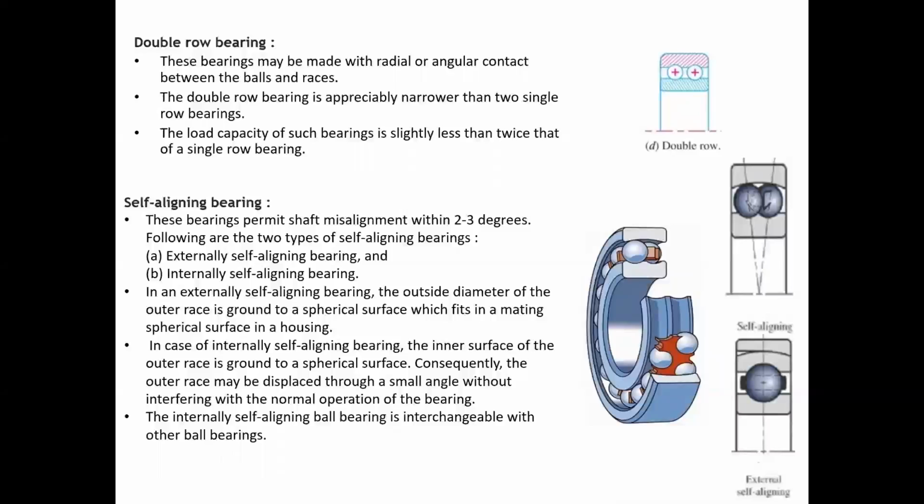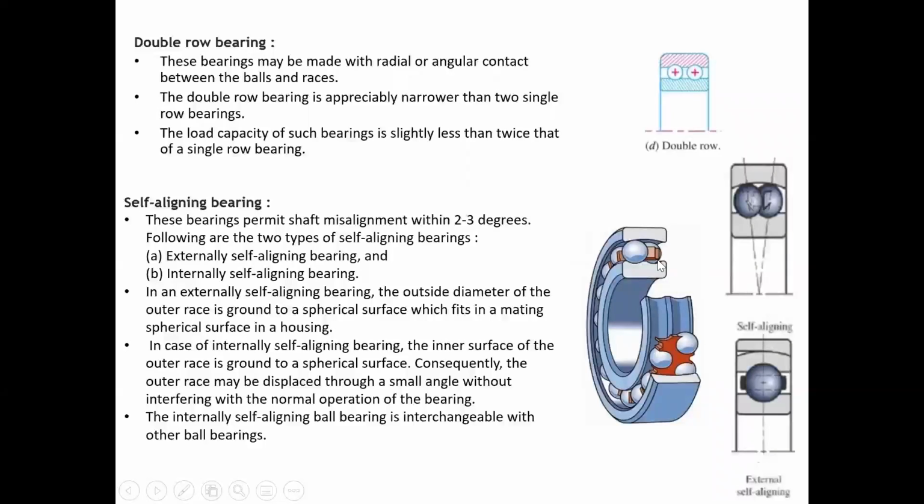To overcome this limitation, a type of rolling contact bearing known as the self-aligning bearing is used. In such a type of bearing, what is done? We ground the outer race spherical. The inner surface of the outer race is spherical.